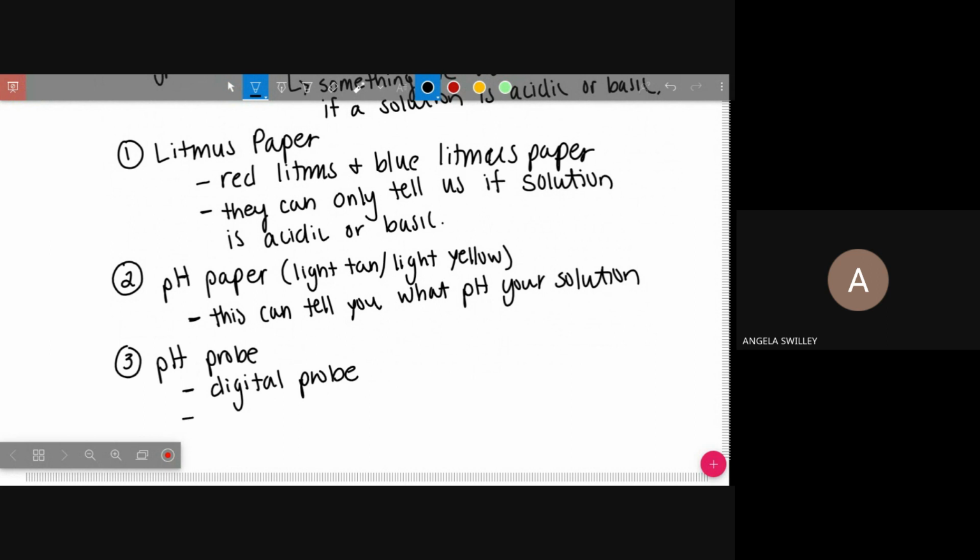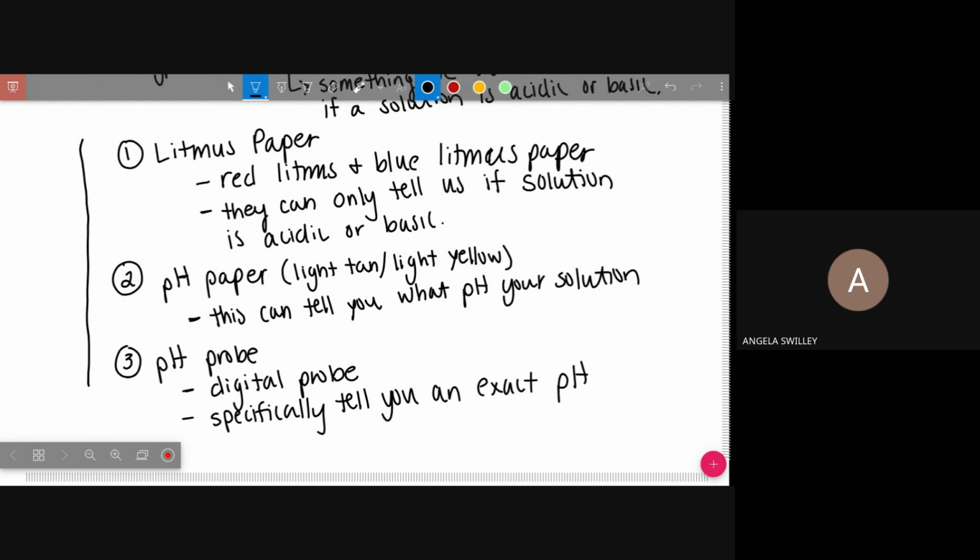It can tell you an exact pH. For instance, with pH paper, you'll know it's between 3 and 4 or around 3 or around 4. With a pH probe, you can know that the pH is 3.3 or 3.4. So it's much more specific. As you move down this list of indicators, they become more specific and more detailed.